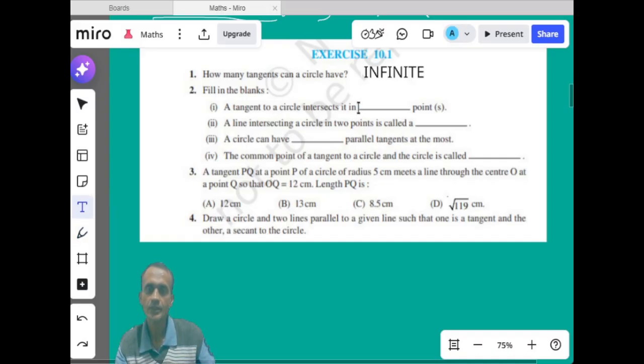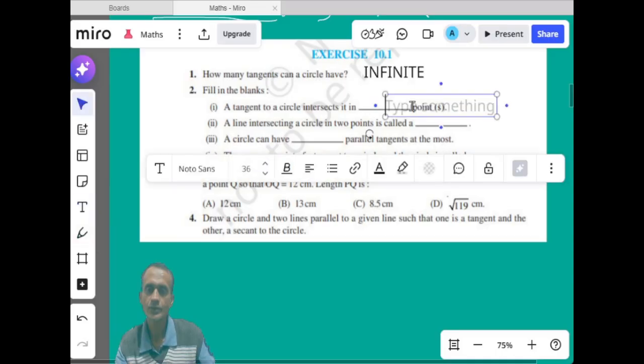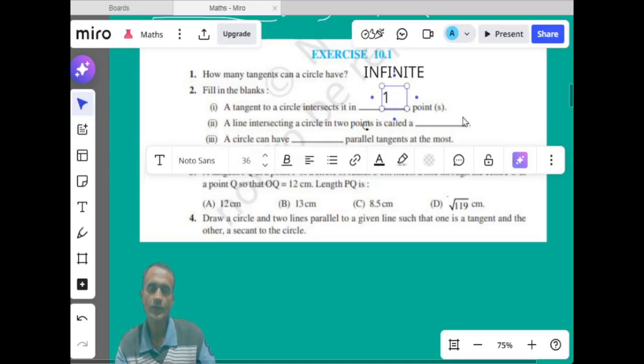A tangent to a circle intersects it in, of course, one point, because if it intersects at more than one point, then it is a secant.